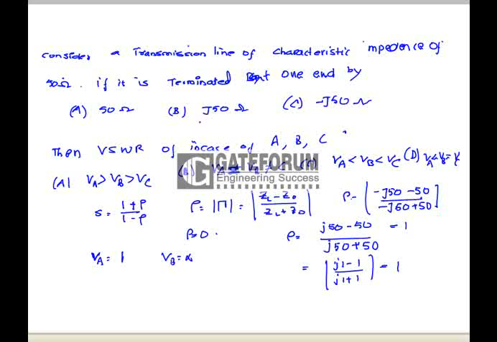The VSWR in both cases, terminated with j50 as well as the capacitive reactance minus j50, is infinite. That means VSWR in both cases is equal, whereas in case A it equals 1, which is less than VB and VC. That is option D is correct.